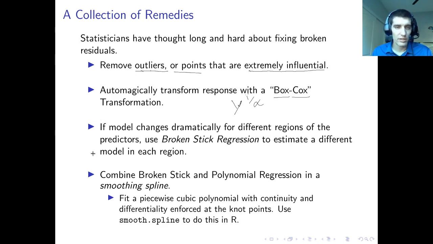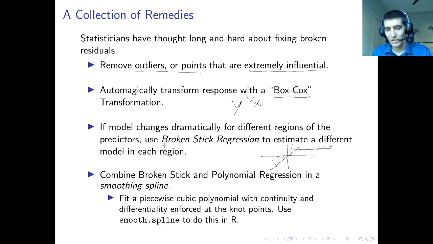Another way that statisticians have developed to fix broken residuals is so-called broken stick regression. Let's say you have some points that look like this. You have some points, and then you have some other points. What you can do is say, well, I see a trend here, but I can fit a good model in this region, and I can fit a good model in this region.